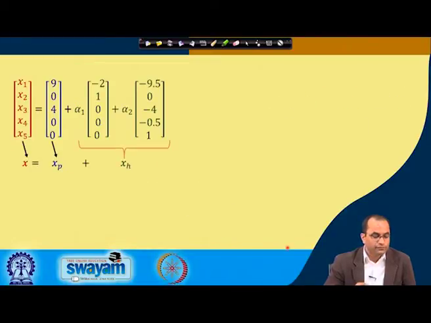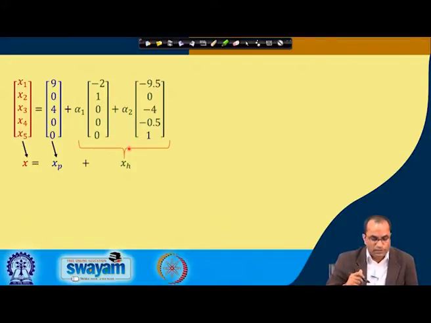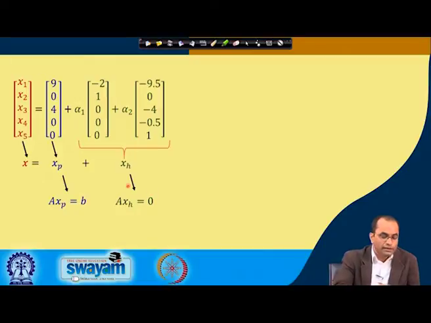And what we have also seen is that we have a very special structure now when we write down in this form, that this is a particular solution of the given system Ax is equal to b, whereas this part with alpha 1 and alpha 2, these vectors or the combination of these vectors, they satisfy the corresponding homogeneous equation, that means Ax is equal to 0.